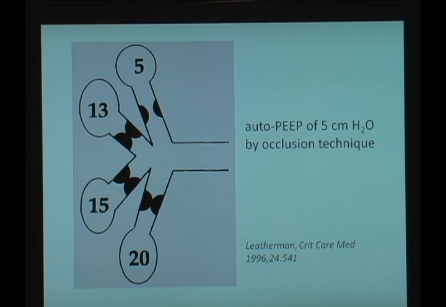In ARDS, we think about alveoli collapsing more at the bottom of the lung. Here, airways collapse more at the bottom of the lung. So it would be unlikely that this would be sort of upside down, because these airways are exposed to a higher pleural pressure, which would tend to cause them to collapse. So the chances are that we'll underestimate. Absolutely, yes. And sometimes I think it can be substantial.